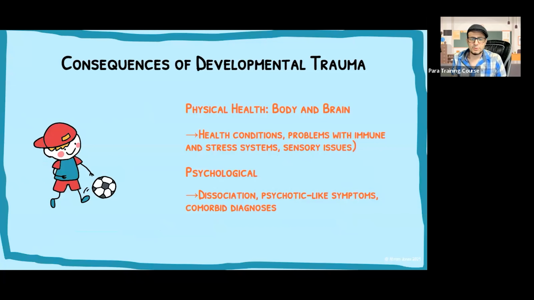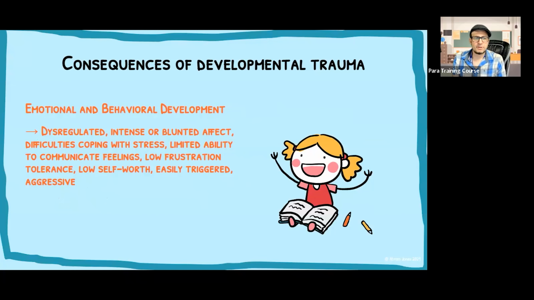Psychological consequences include dissociation, psychotic-like symptoms, and comorbid diagnoses. So we've mentioned that a number of the exceptionalities we talk about are comorbid. They have high comorbidity. They occur in parallel with other challenges. So developmental trauma is among these. What about the development in terms of emotional and behavioral? It's dysregulated. Children might have intense or blunted affect.